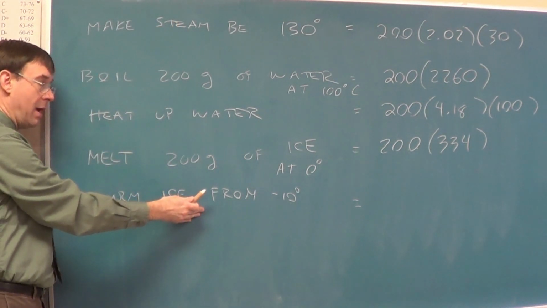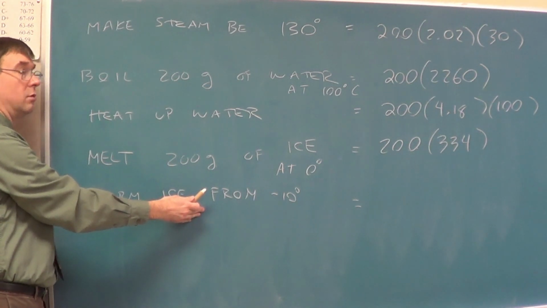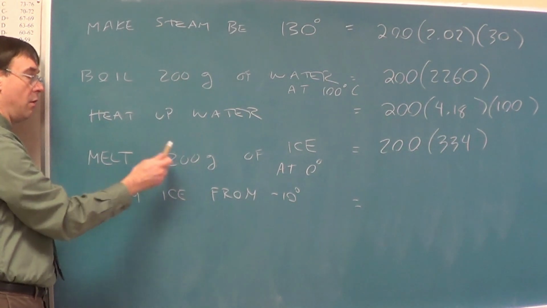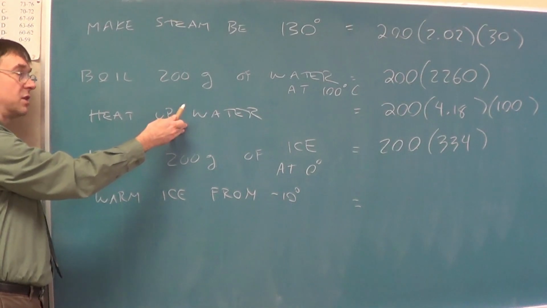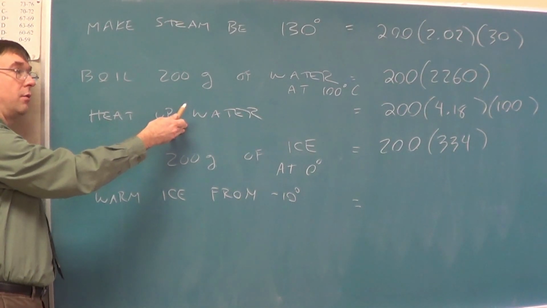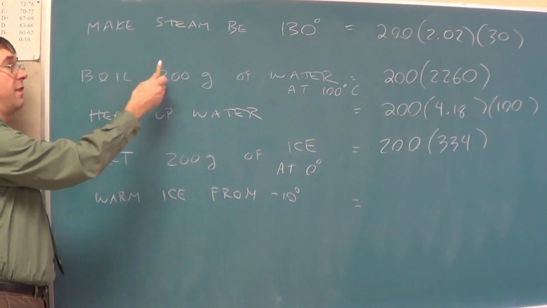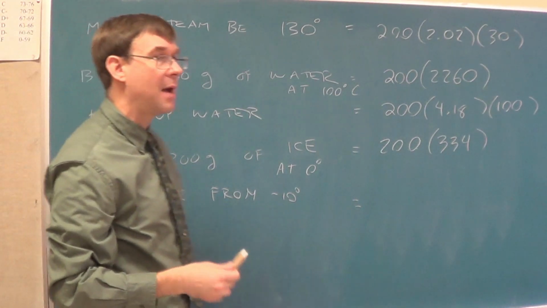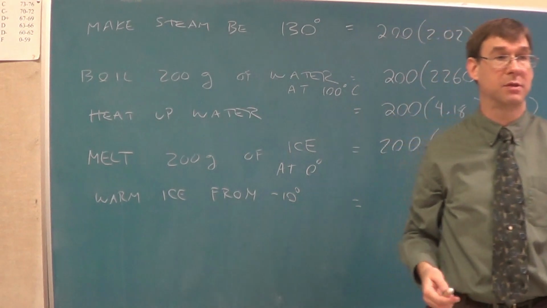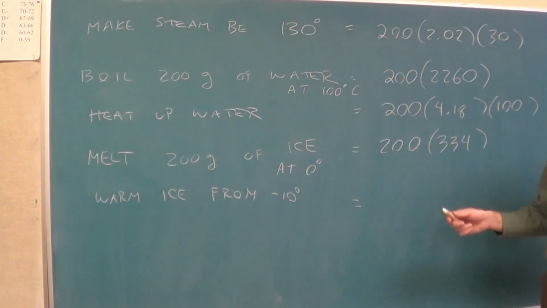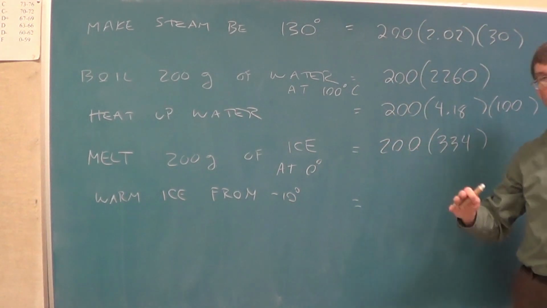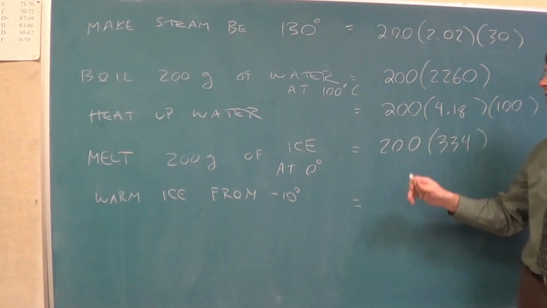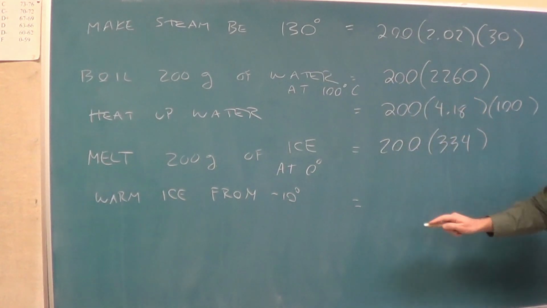The ice can't melt until it's warmed up to 0, then melt it. Then change the temperature again to get the water up to 100. Then you can boil it. Then you have to change the temperature again. Anytime you're changing temperatures, it's the MC delta T. Anytime you're changing state, solid to liquid, liquid to gas, that kind of stuff, it's just mass times latent heat.